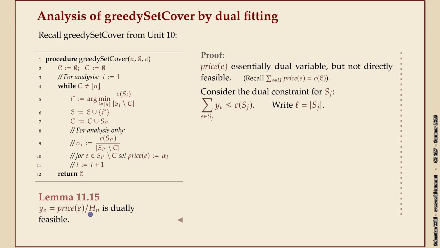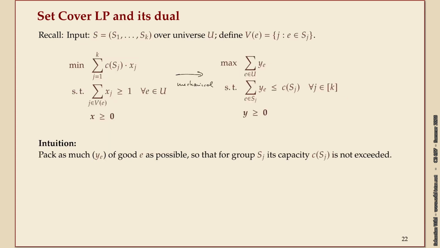So why is the scaling down good enough? If you remember the dual constraint, maybe just copy this so that we don't have to remember.